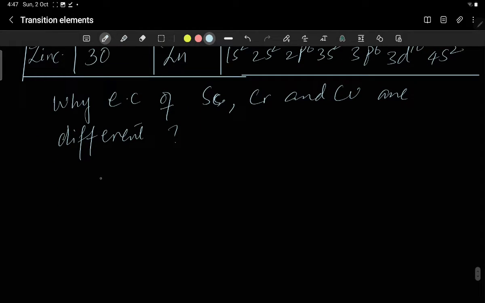So scandium, like I have written, is in the fourth period, 3d and 4s. This is the d orbital, so only five boxes, 1, 2, 3, 4 and 5, and this is 3d and this is 4s1 and 3d2.